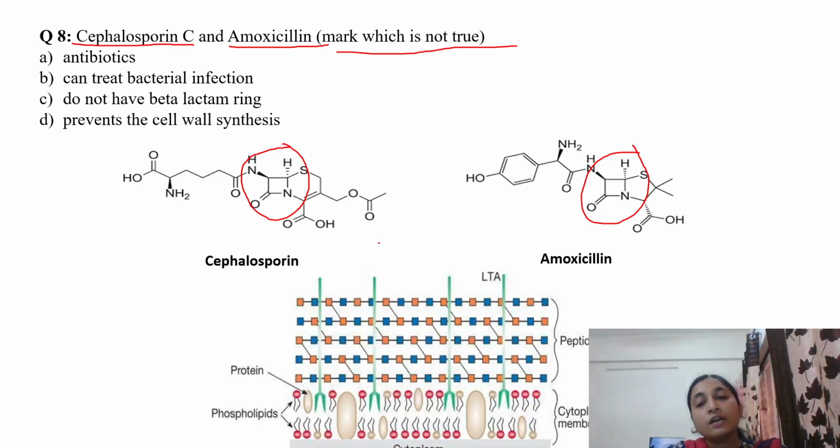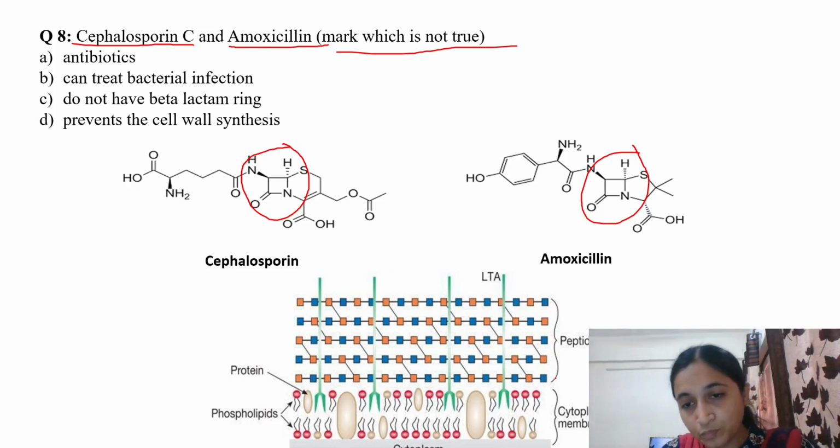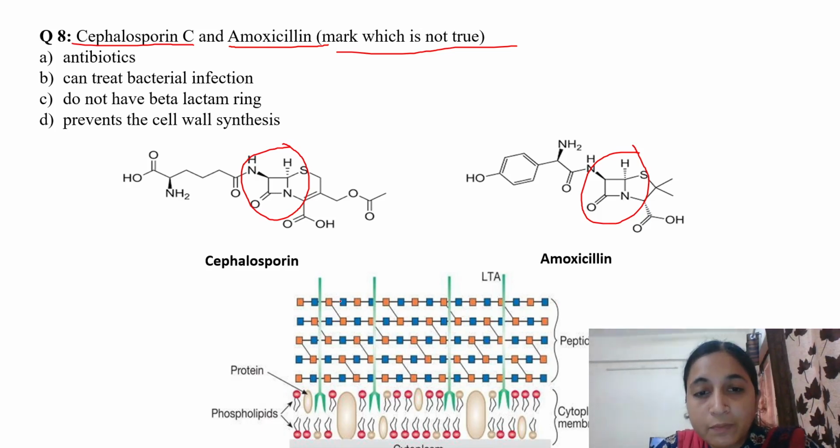We will see first the cell wall structure of bacteria. This is basically made up of peptidoglycan. This peptidoglycan is made up of NAG and NAM. What is NAM?